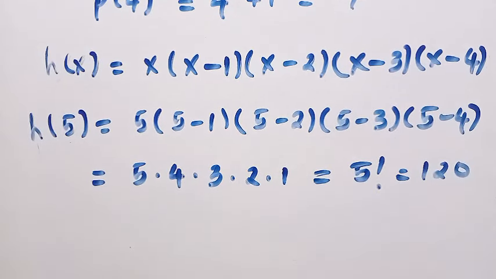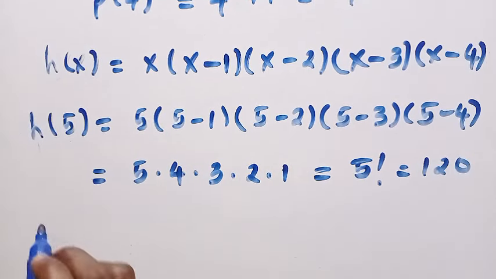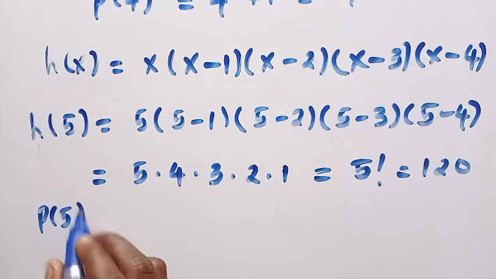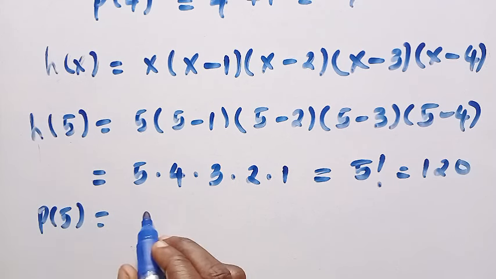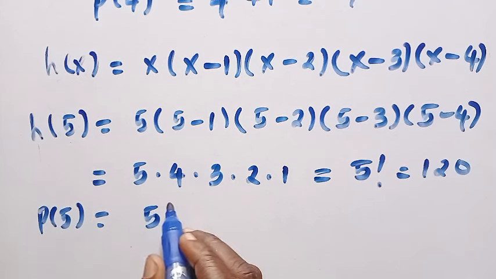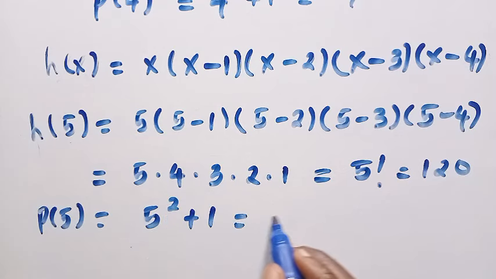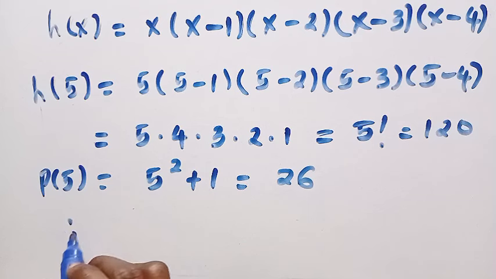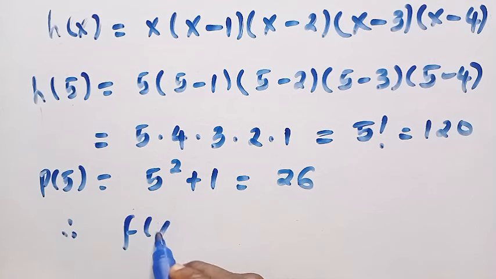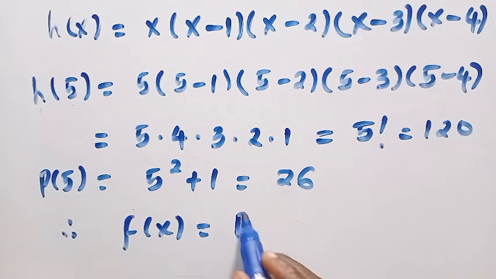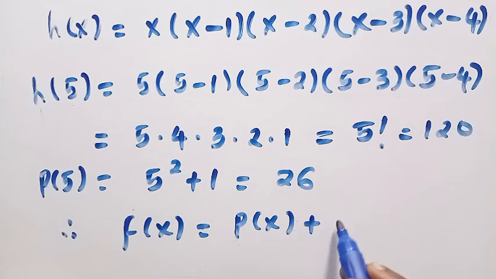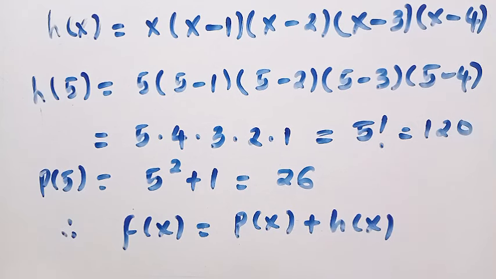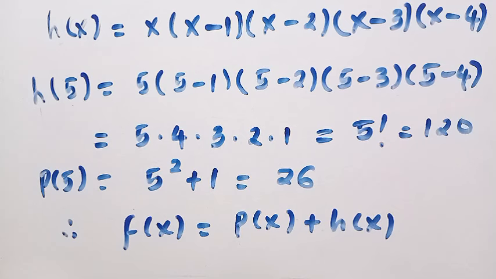And how can we now pair this together? But before that, I want to know what p of 5 is. p of 5 is given as x squared plus 1, that is 5 squared plus 1, and 5 squared plus 1 equals 26. Therefore, in general terms, f of x equals p of x plus h of x.